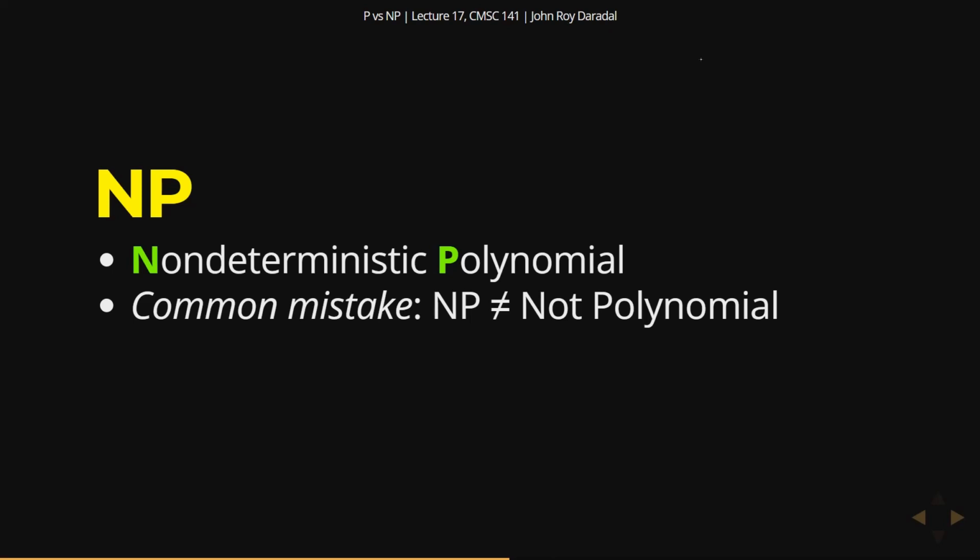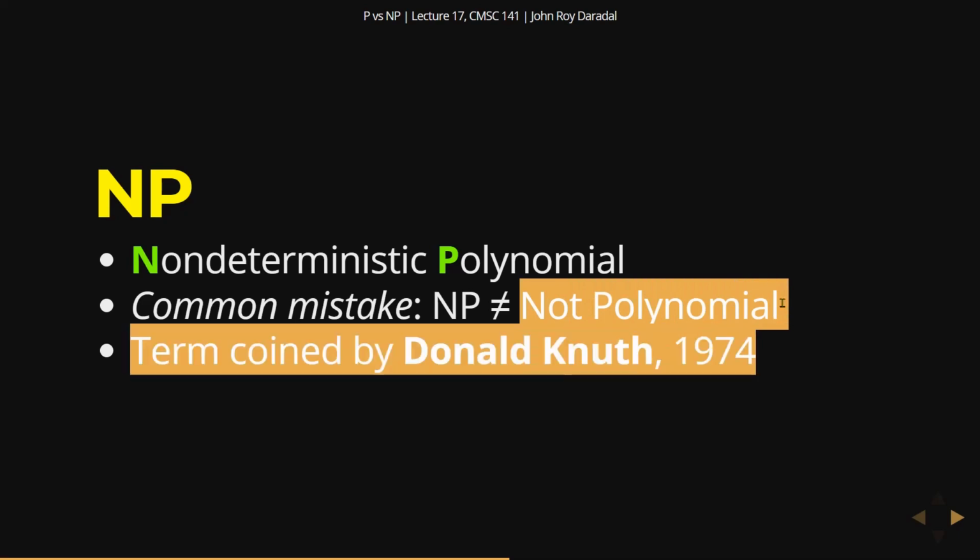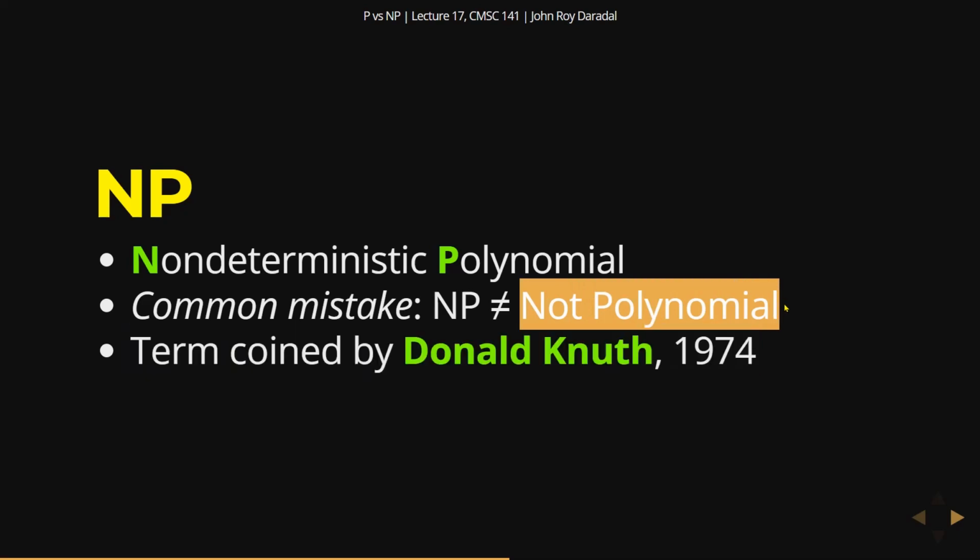It's still an open question. The term NP was coined by Donald Knuth in 1974. And again, please don't make the mistake of thinking that NP is not polynomial, because it's not yet proven.